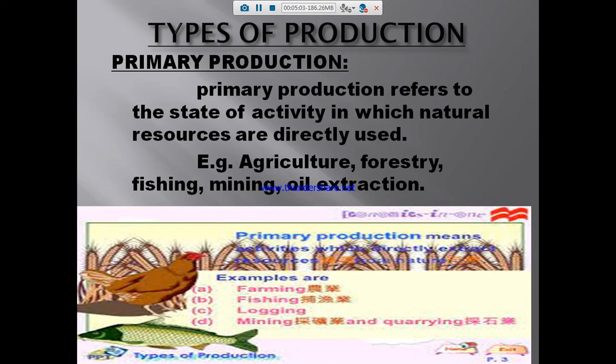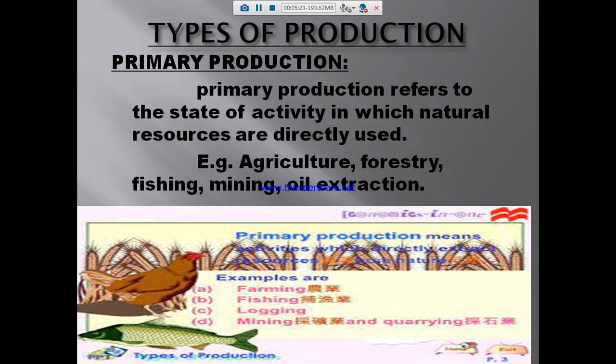So what is meant by primary production? Primary production refers to the stage of activity in which natural resources are directly used. Here agriculture is given prime importance because it is also referred to as agriculture sector production.